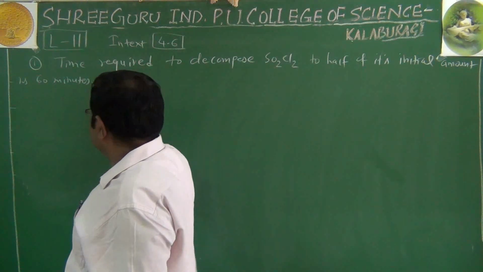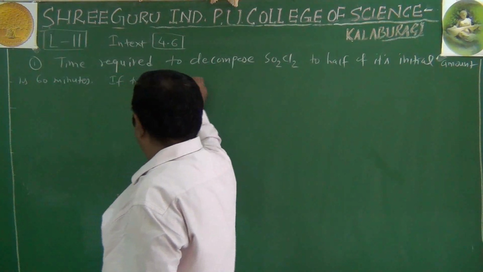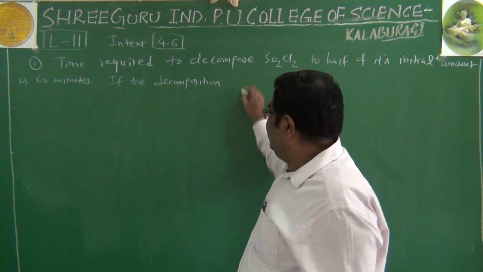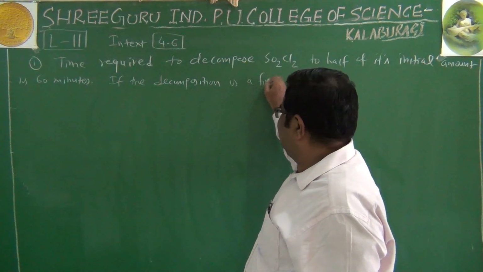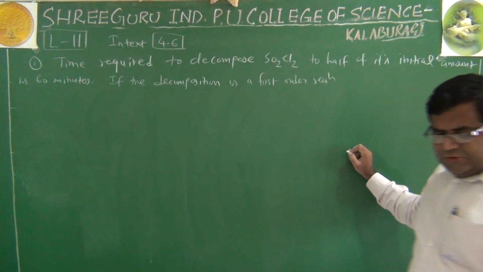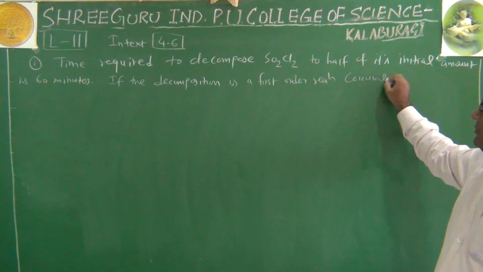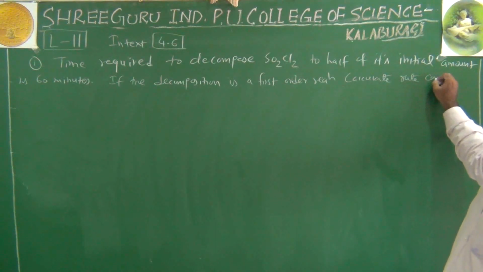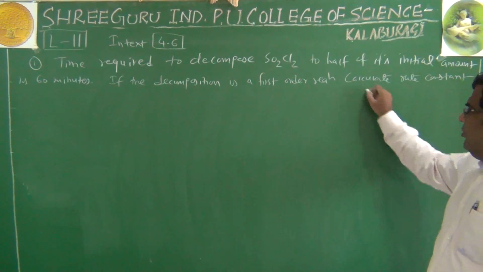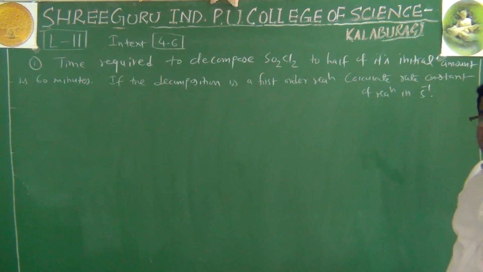If the decomposition is a first order reaction, calculate the rate constant of the reaction in per second.